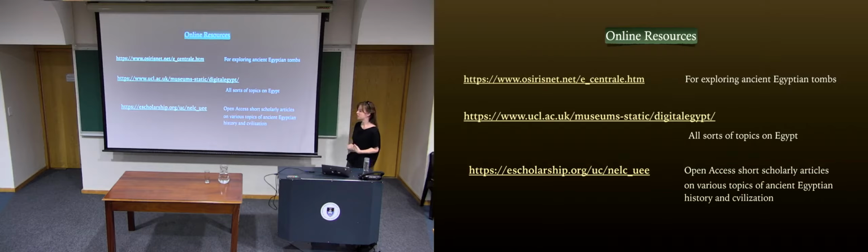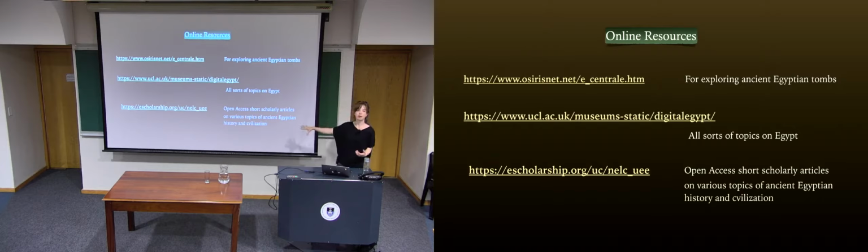And then, especially for those of you who already have some background in ancient Egypt and have done reading, but even those of you who are new, I would encourage you to check out the UCLA, University of California, Los Angeles, Encyclopedia of Egyptology. That's what the UEE stands for.